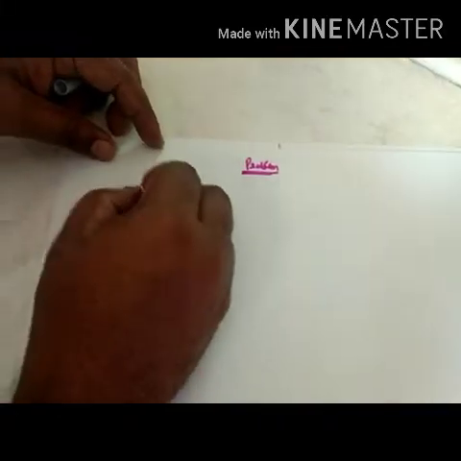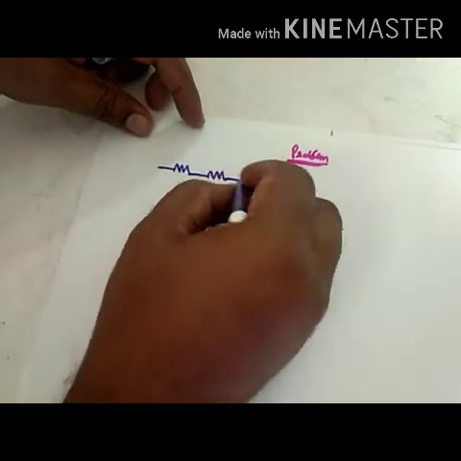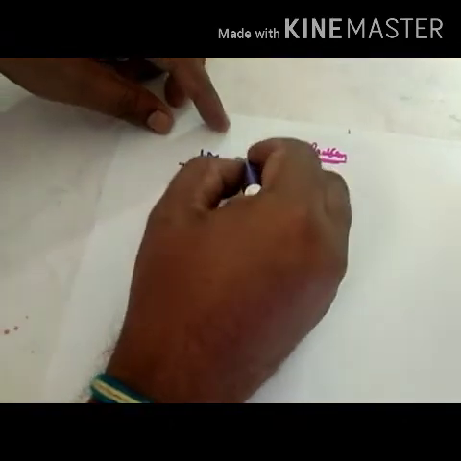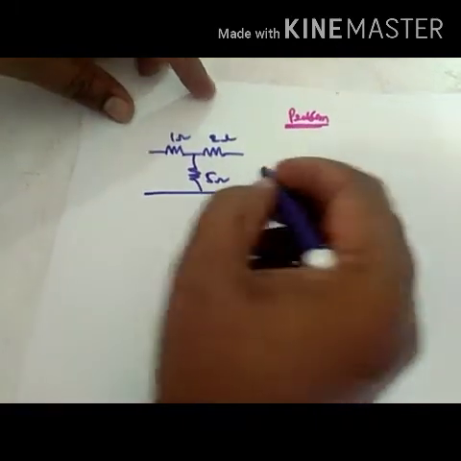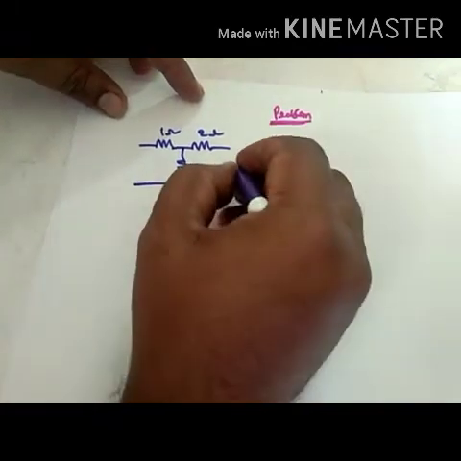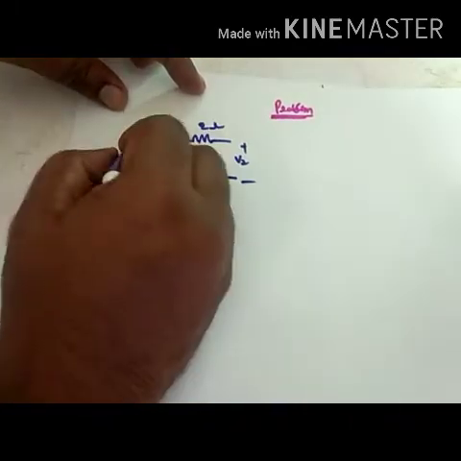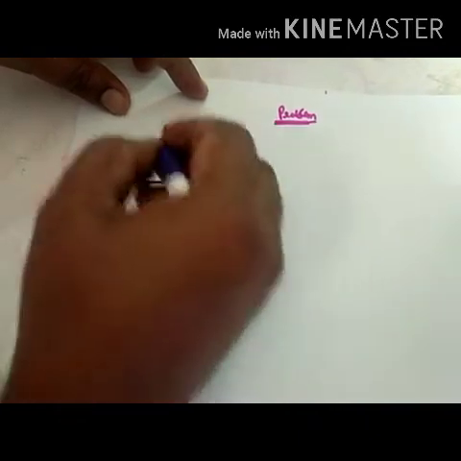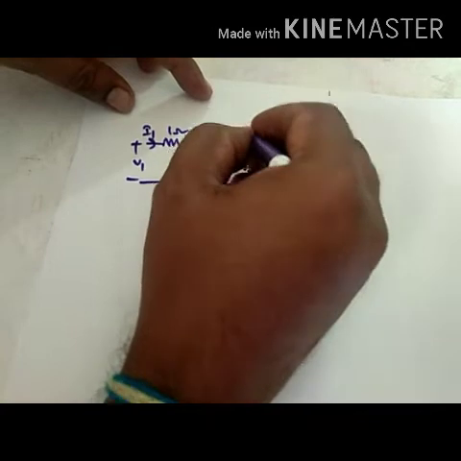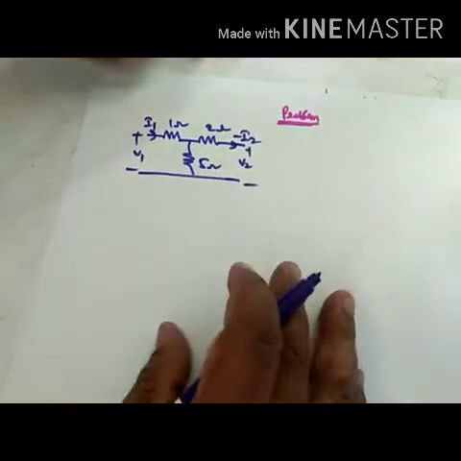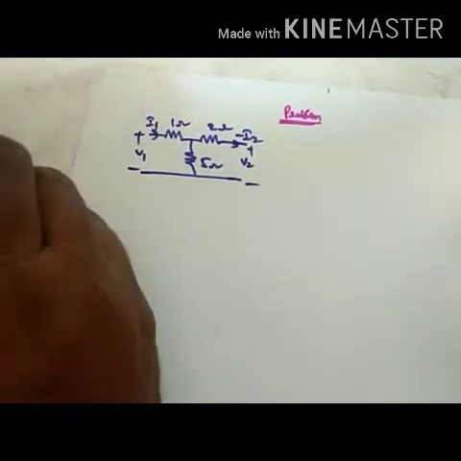Consider the T network here: 1 ohm, 2 ohm, 5 ohm, with V1 and V2 as the port voltages.